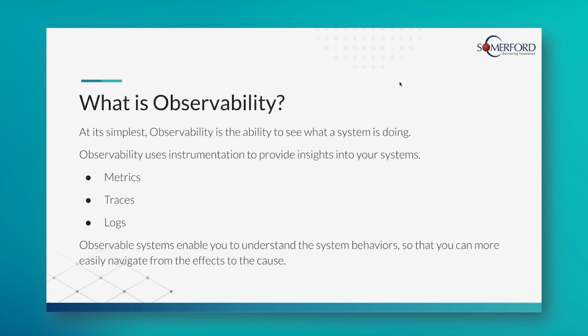That's, broadly speaking, how we look at it. So observable systems enable you to understand system behavior so you can more easily navigate from the effects to the cause. So that key thing we always talk about, mean time to resolve. How do we home in on the problem as quickly as possible and get MTTR down to an absolute minimum?